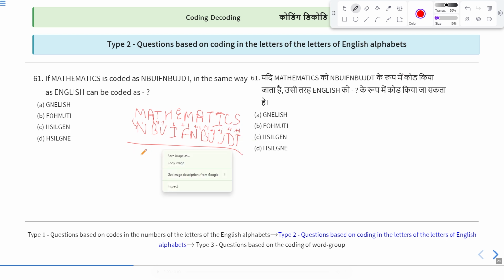Okay, so you have a plus 1. Same way E, N, G, L, I, S, H, entire thing, we'll apply a plus 1 to it. E becomes F, N becomes O, G becomes H, L becomes M, I becomes J, S becomes T, H becomes I.